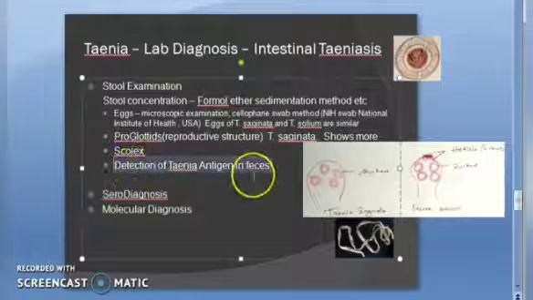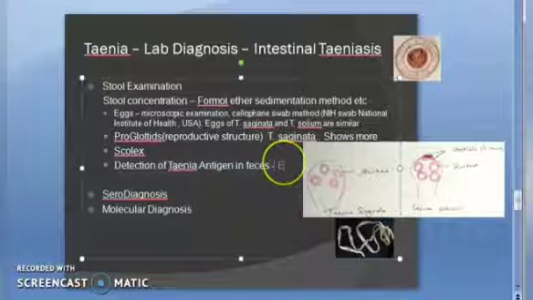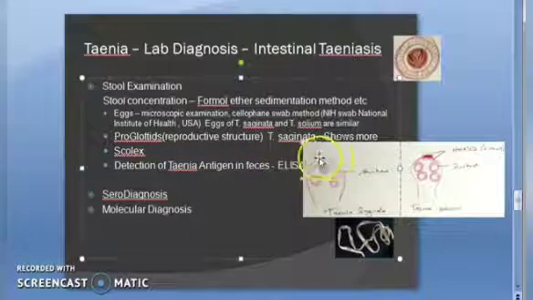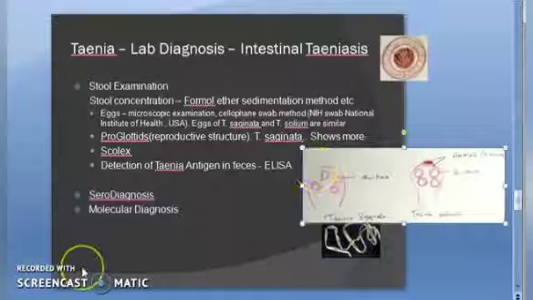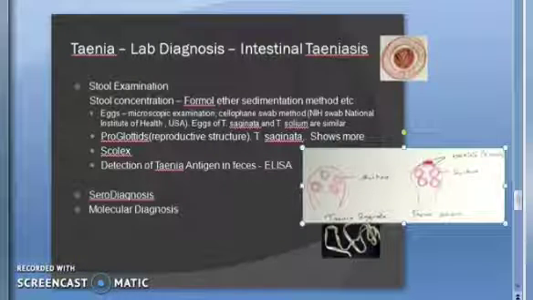Then moving on to the detection of tinea antigen in feces. Using ELISA, you can detect the antigen. You can use polyclonal antisera against tinea. You will detect the coproantigen in feces.